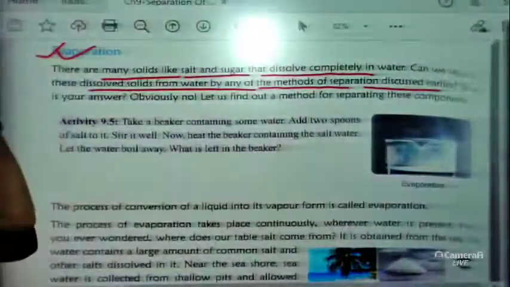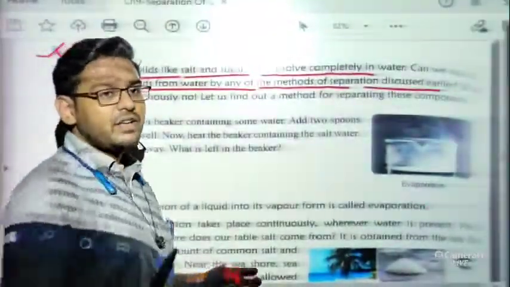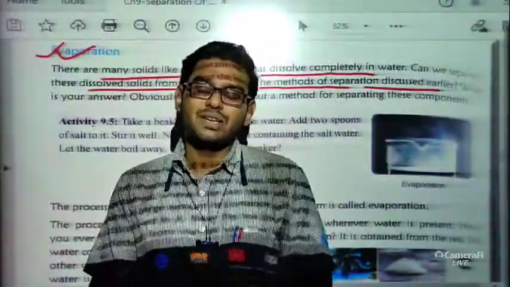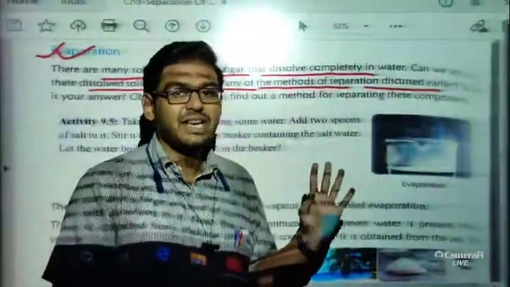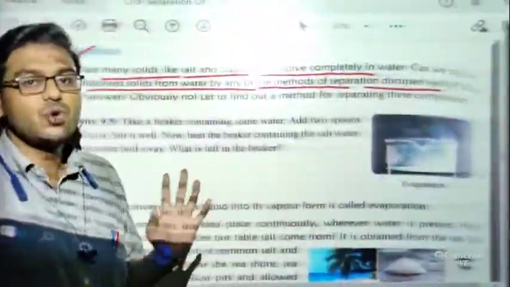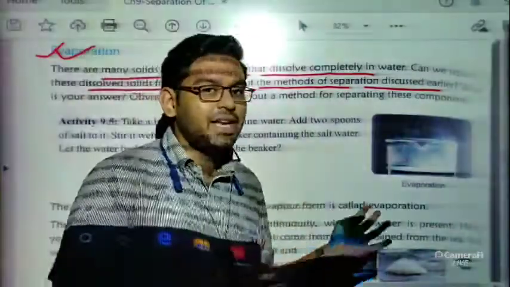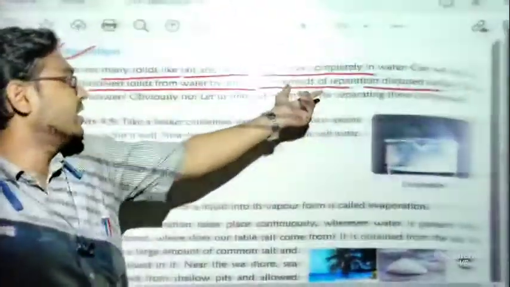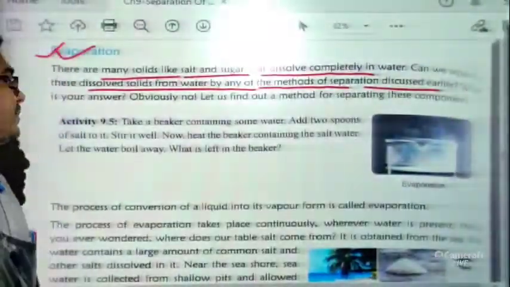Now students, just think once that if I give you a mixture of salt water, then will you be able to separate the salt water by the processes that we have discussed till now? The answer is no. Okay, there is not any process we have discussed till now by which we can separate this type of thing.